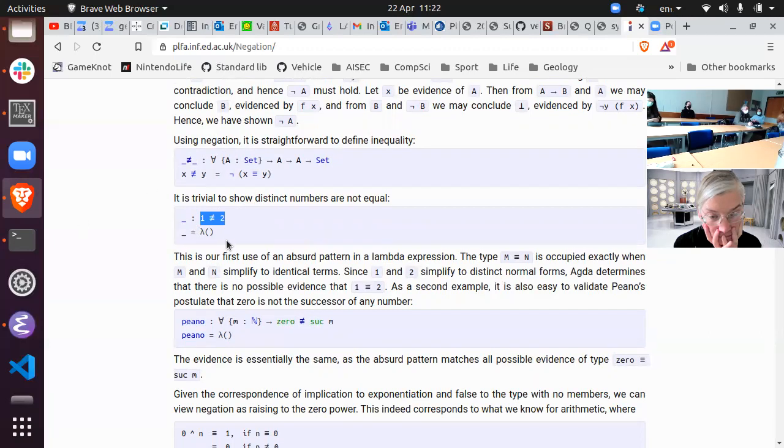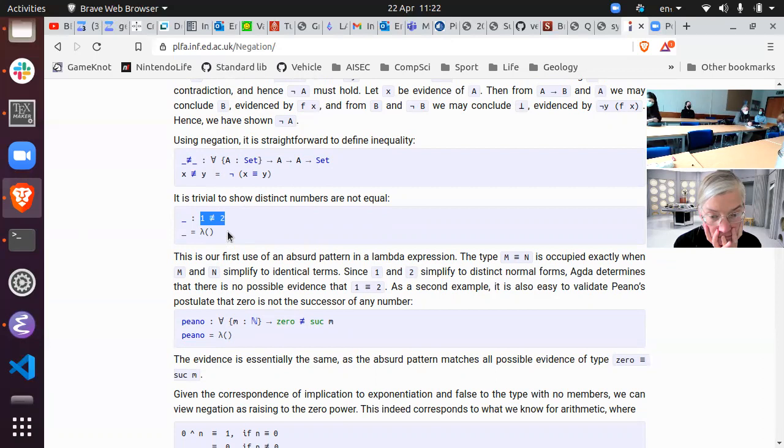So we need a function that takes in an argument of 1 is equivalent to 2. The only inhabitant of equality, triple equals, is therefore refl, which says that x is equal to x.